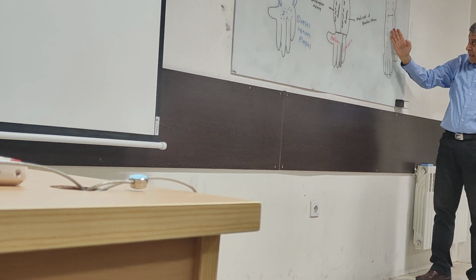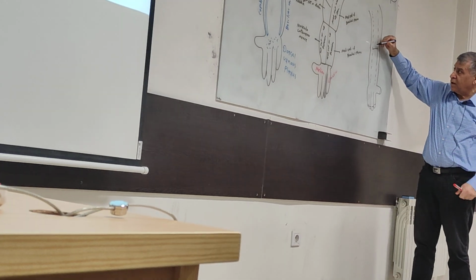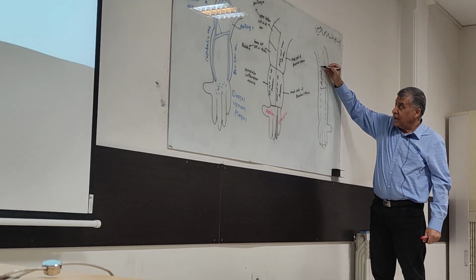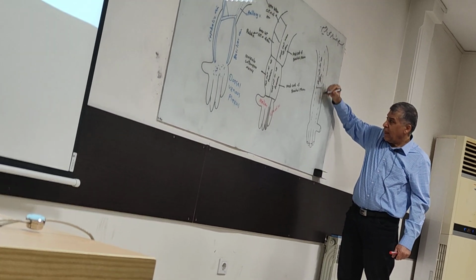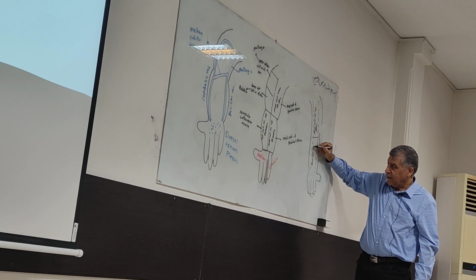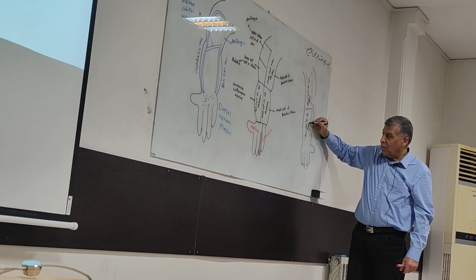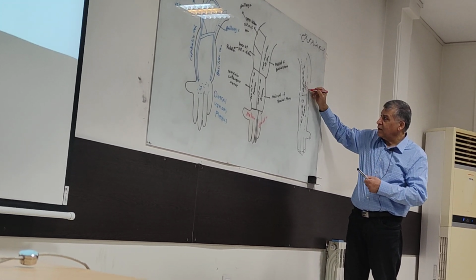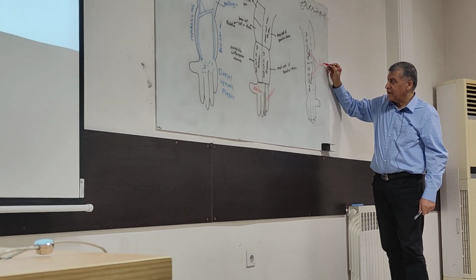But the middle part is innervated by the posterior cutaneous nerve of arm and the posterior cutaneous nerve of forearm. Both of them are branches of the radial nerve.